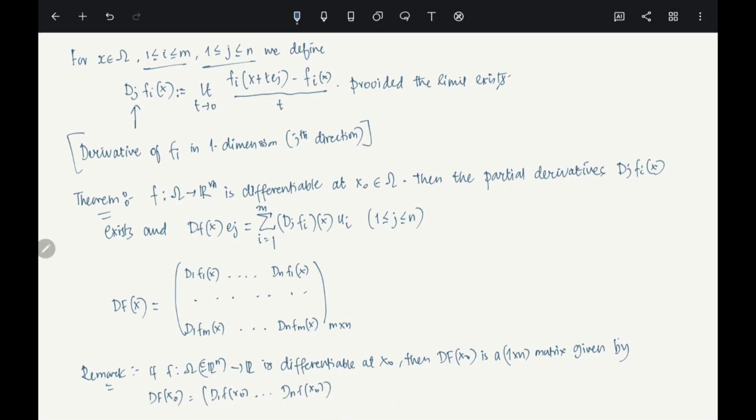Okay, and what happens is one defines the gradient of f. In this case, the gradient of f at the point x naught we identify with this matrix df x naught.